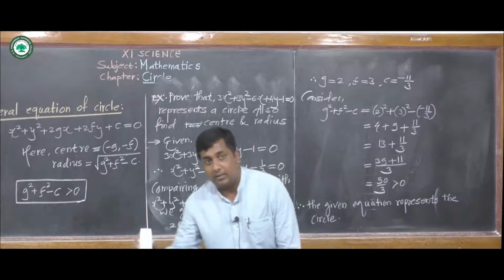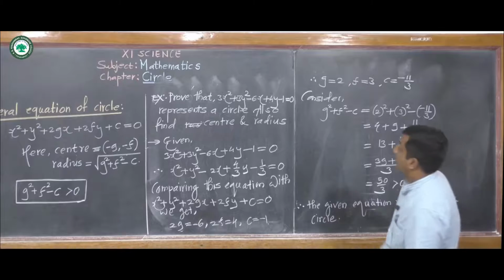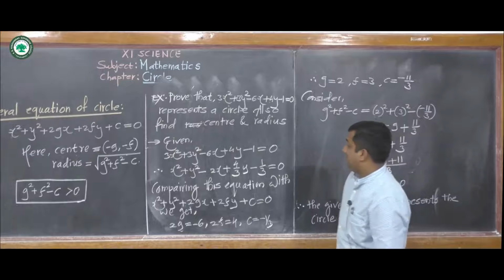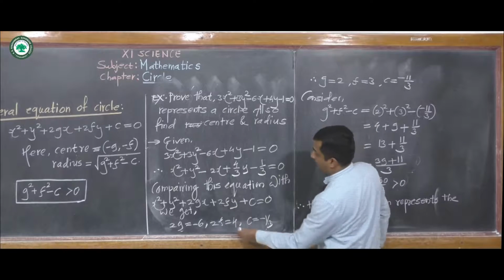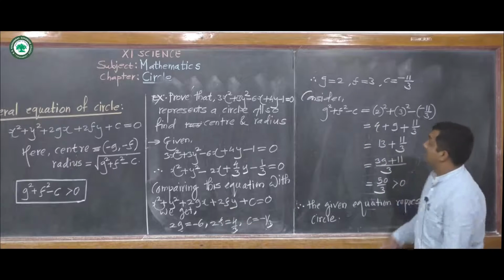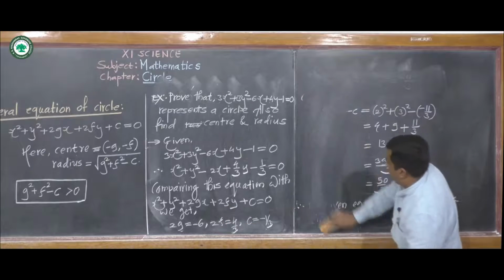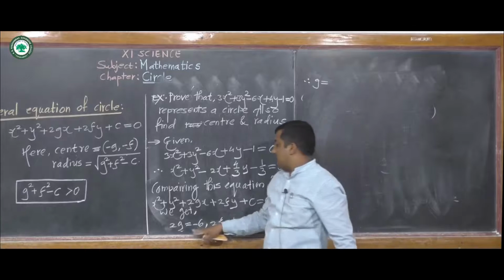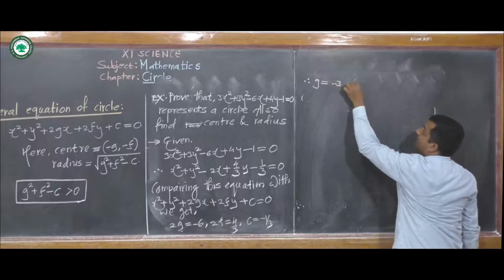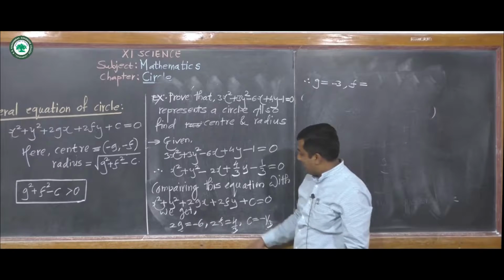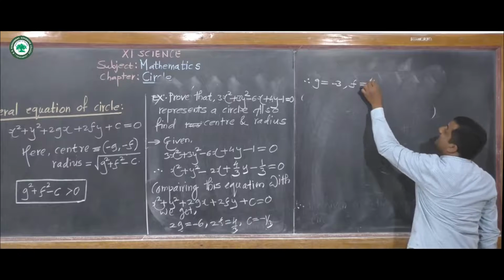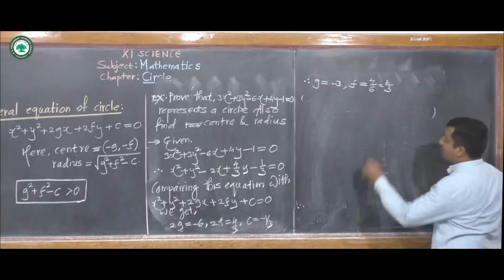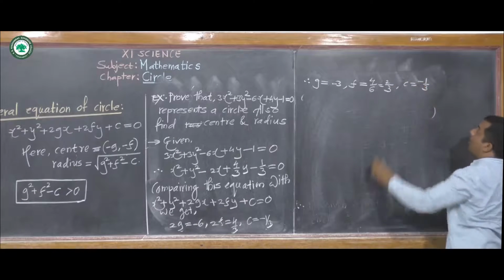So 2g is equal to minus 2, therefore g is equal to minus 1, then f is equal to 4 by 6, which means 2 by 3, and in the last c is equal to minus 1 upon 3.